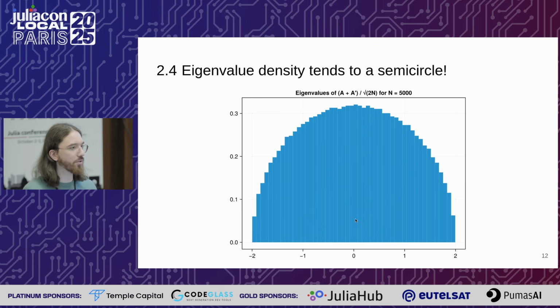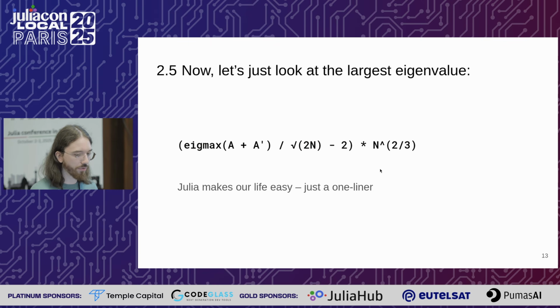And it turns out, again, we see some kind of circle. If you look at the eigenvalue density, you draw up a histogram of those eigenvalues, you see that it tends more and more towards a semicircle for large n. We still need a couple of steps till we are at random growth.